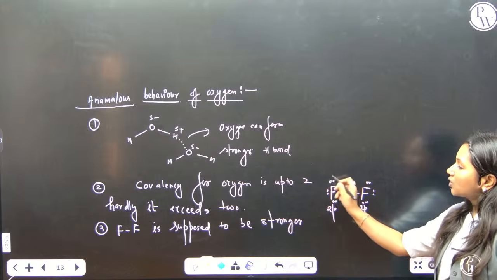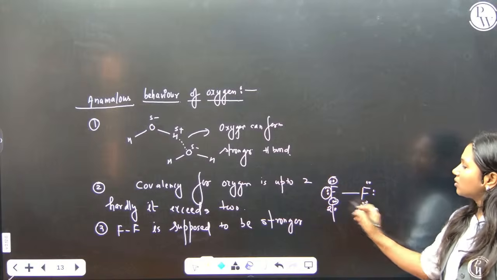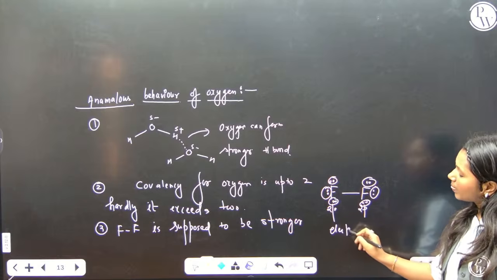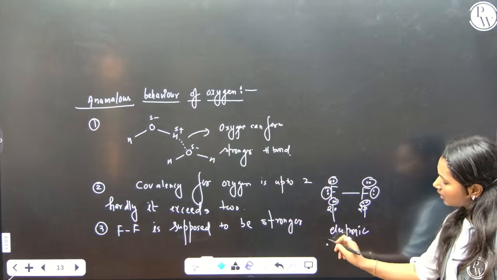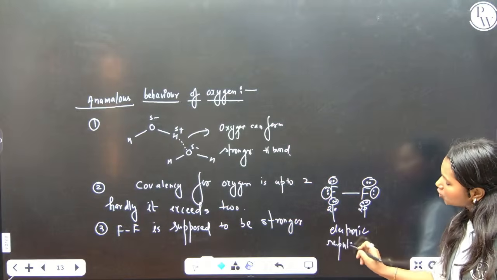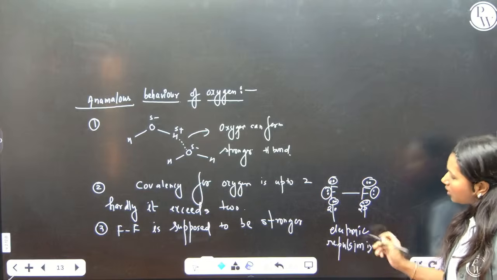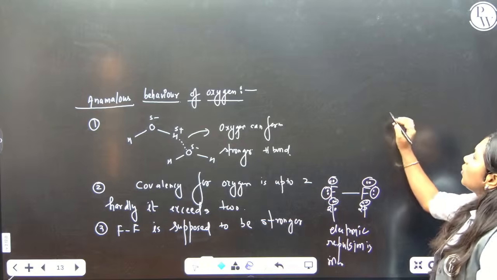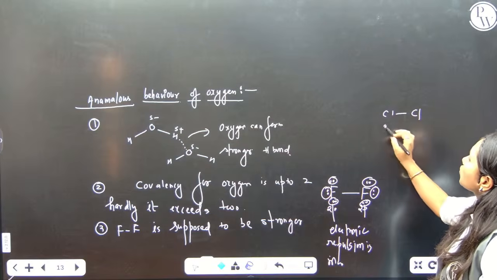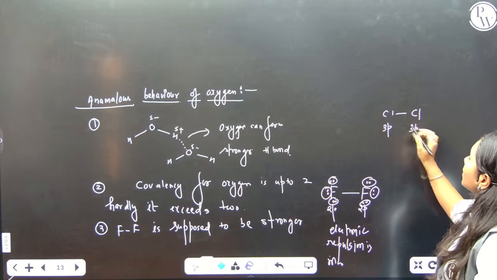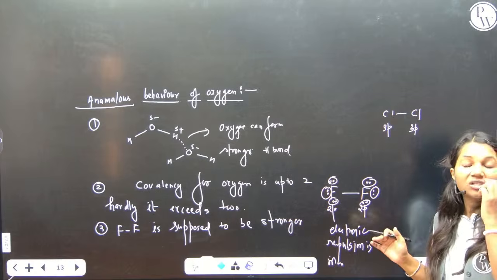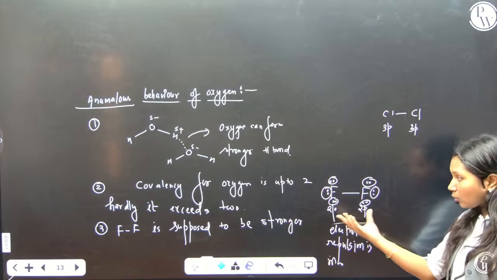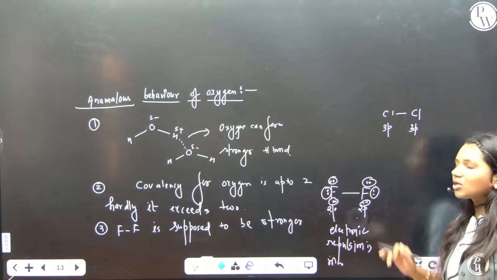The electronic repulsion is more, right? Which makes the molecule weaker. The chlorine bond is supposed to be weaker because there is a 3p orbital, right? The fluorine bond is supposed to be stronger because small orbitals are overlapping.